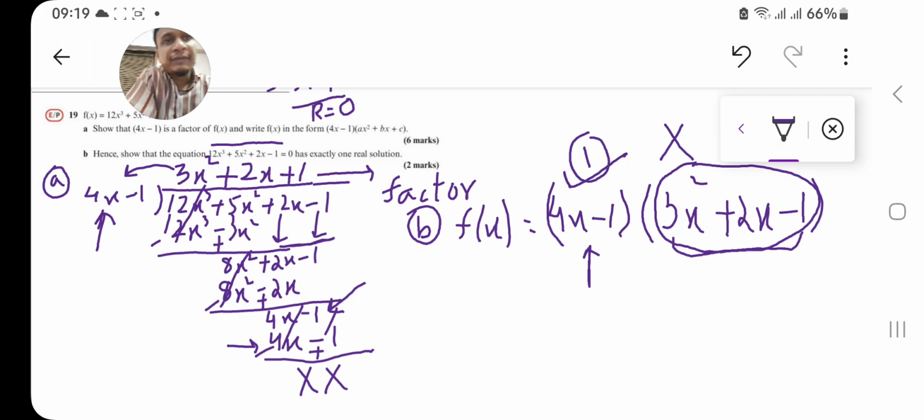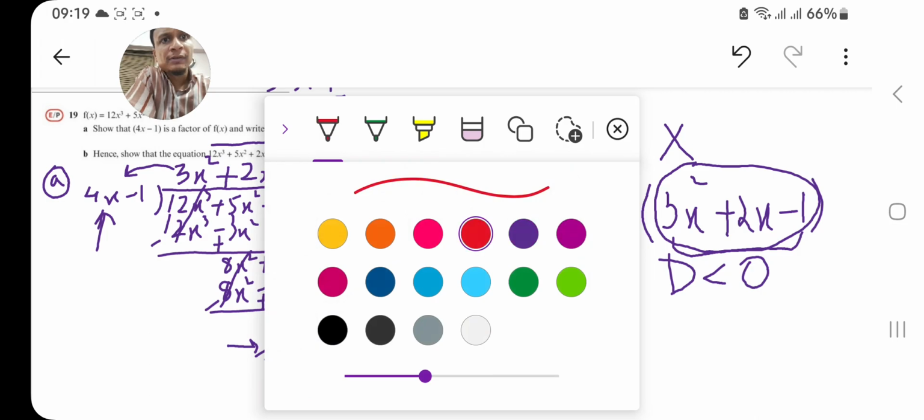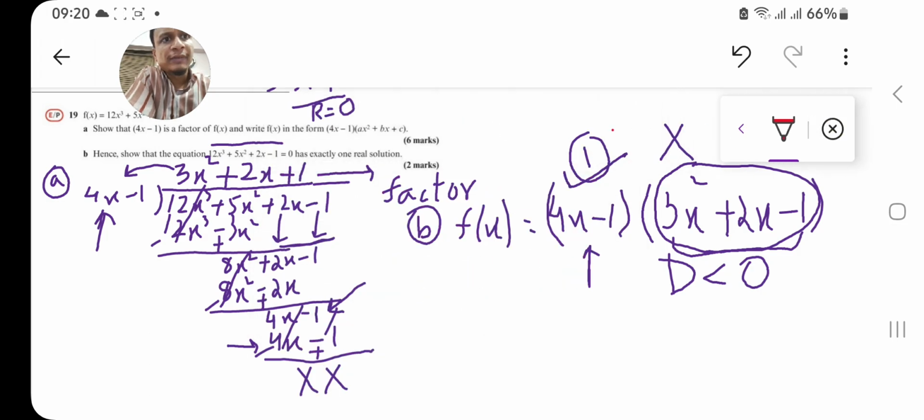We discussed a property in paper 1: for a quadratic equation, if the discriminant is less than 0, the quadratic has no real roots. Then we will prove that we have only one root, that is from 4x minus 1, which means x equal to 1 upon 4.